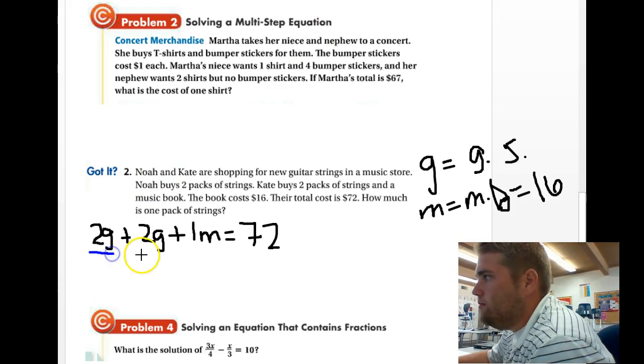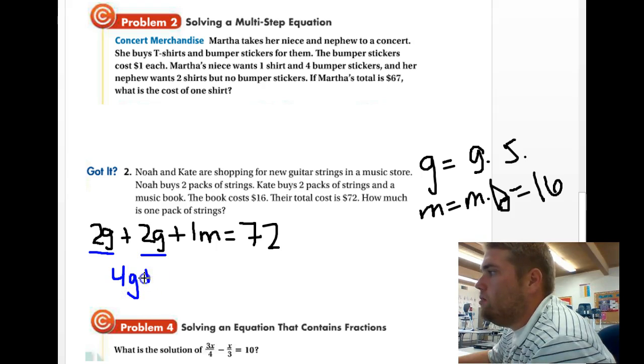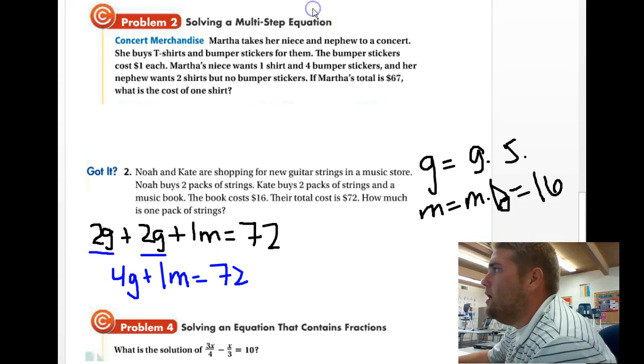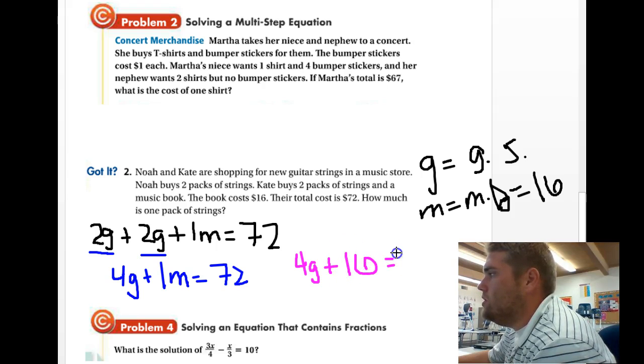I have 2G and 2G, which gives me 4G plus 1 music book equals 72. From there, I remember, oh hey, my music book costs $16. So I have 4G plus 1 music book, which is $16, equals 72.